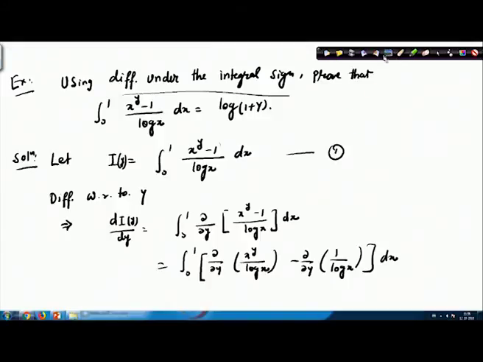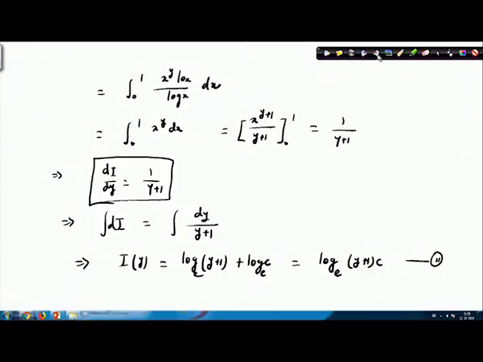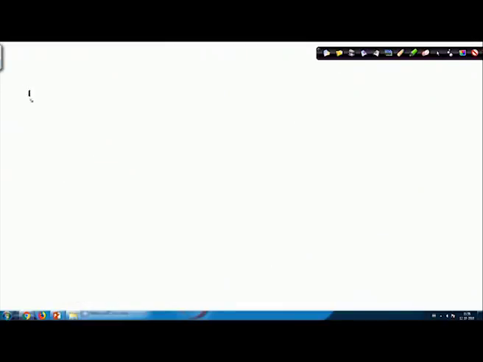So, what is I(0)? I(0) is the integral from 0 to 1 of (x to the power 0 minus 1) by log x. Now, x to the power 0 is 1, and 1 minus 1 is 0. So, the value of I(0) is 0.